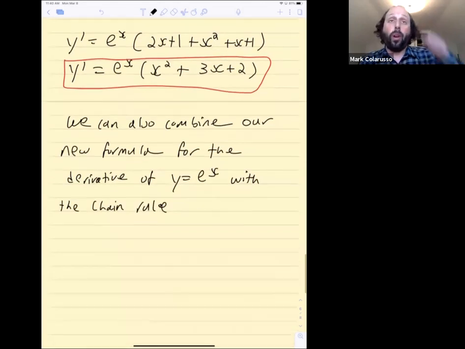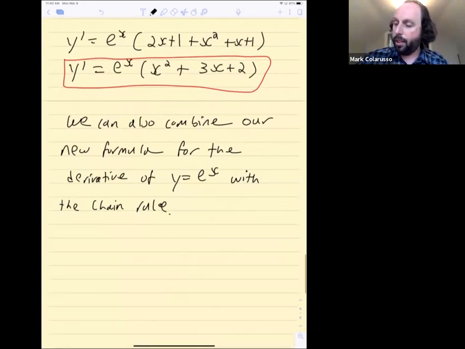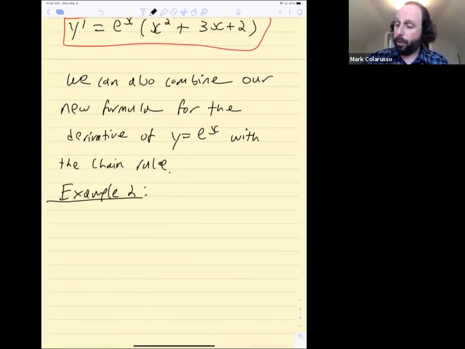And perhaps this is where things get a little bit more interesting for us. And again, this does come up a lot in applications. So I'm going to do an example from the homework now, and you can see how this works.